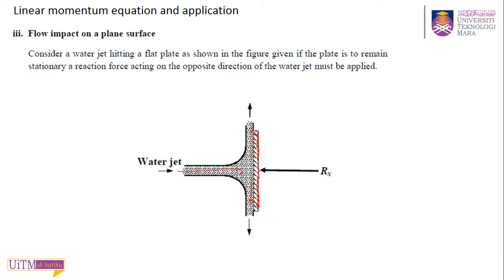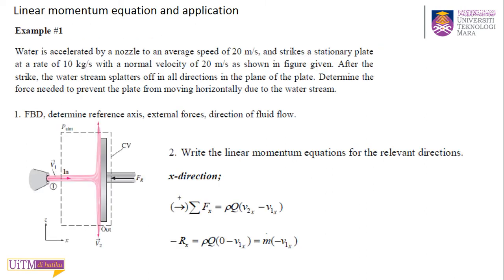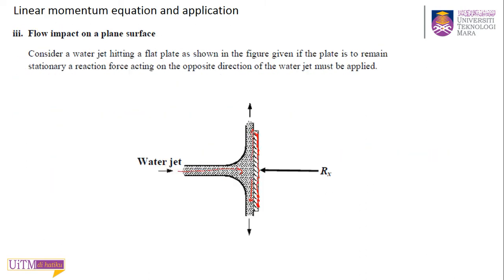In order to make sure this plane surface remains stationary, we need to have a reaction force acting on this surface in opposite direction to the water jet. If not, this plane will start to move lah because you don't have this reaction force kan. So that's why you have this reaction force against the water jet. Okay, so that's the theory lah.